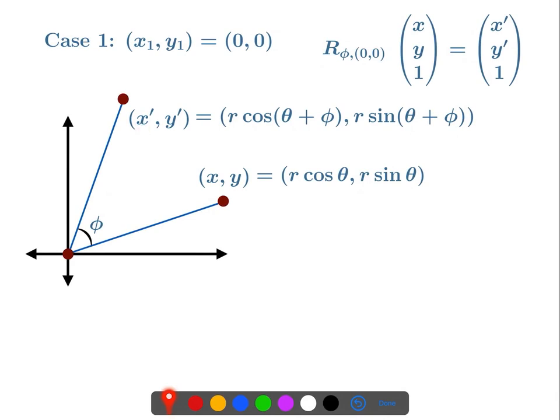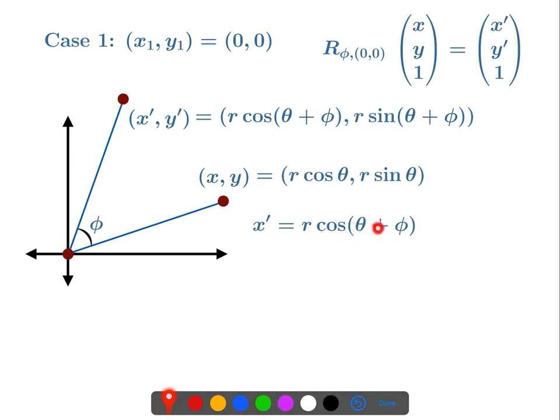What I'm interested in is looking at x prime and y prime here. I don't like the way it's written right now because I want an answer that just depends on x, y, and phi here. So what I'm going to do is look at x prime being r cosine of theta plus phi, and y prime as being r sine of theta plus phi, and rewrite those. So x prime again is r cosine of theta plus phi.